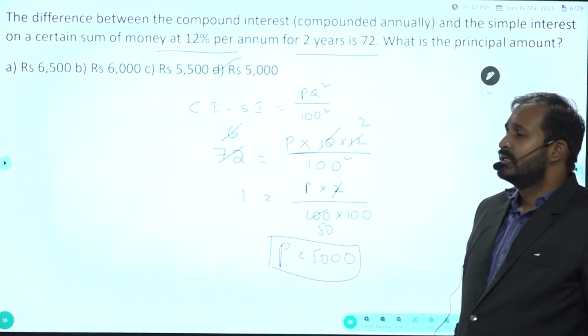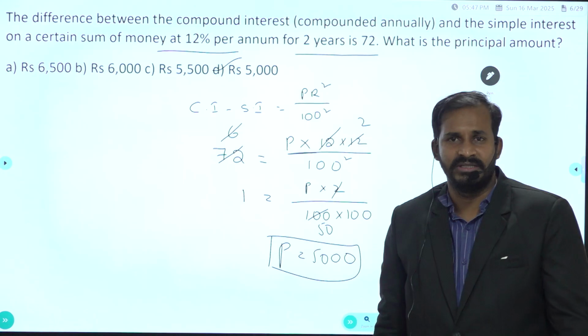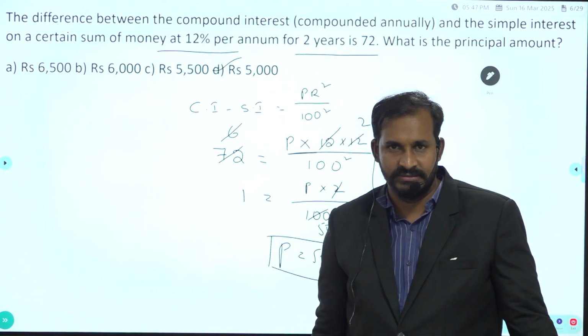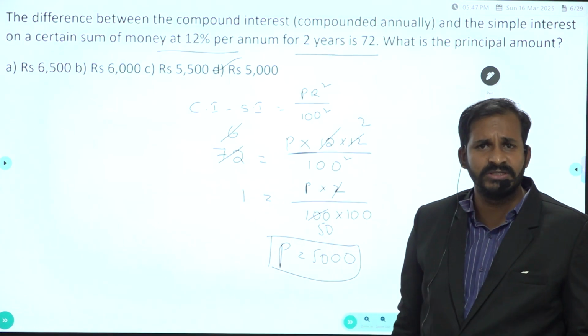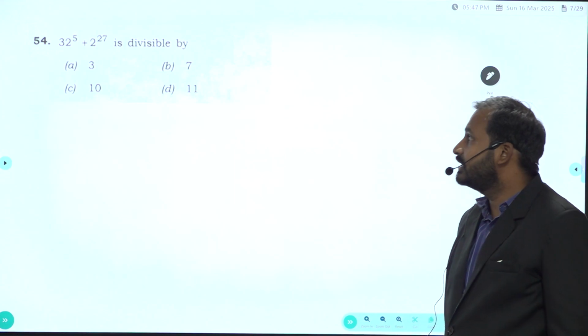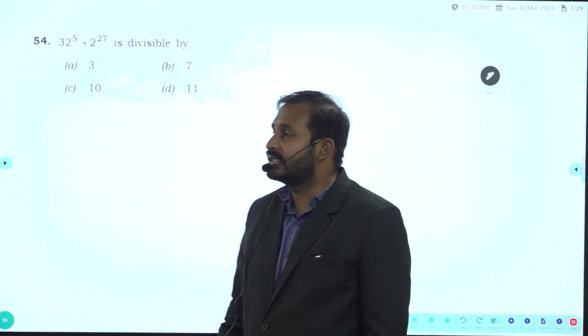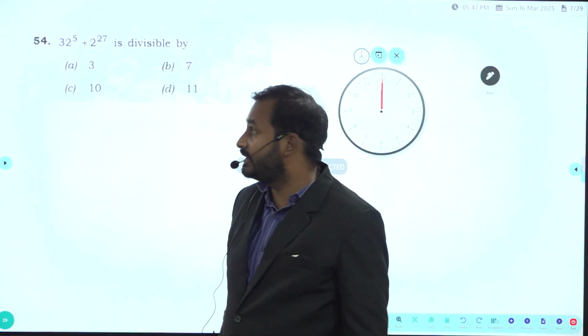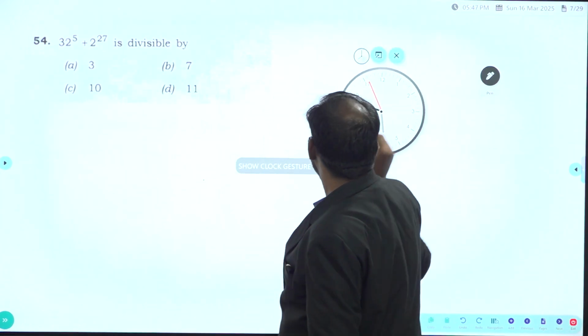But usually they are not asking questions based on these formulas in these exams. They are asking questions based on the concepts. You should know the concept to solve the questions. See here, 32 power 5 plus 2 power 27 is divisible by.